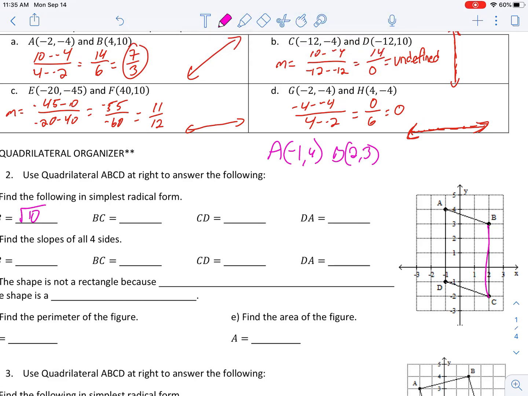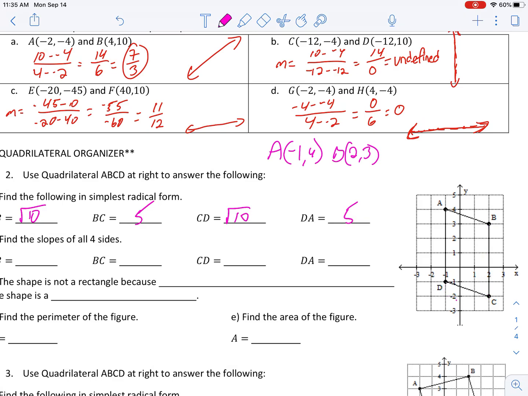I don't even need to use the distance formula, okay? So what I could also just see is, from B to C, it's 1, 2, 3, 4, 5. It's a length of 5. Then repeat that for CD. 1, 2, 3, 1, square root of 10. AD, 1, 2, 3, 4, 5. It's a length of 5.